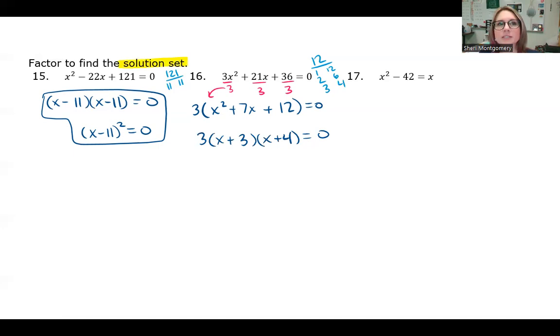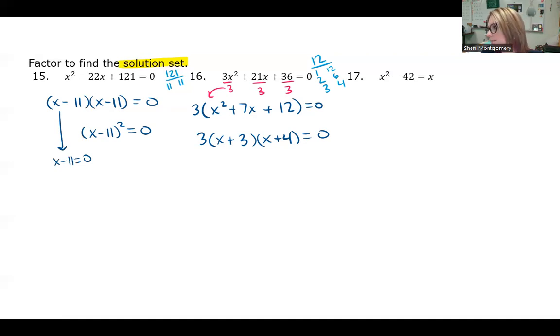Okay, I forgot that the directions say find the solution set. So remember, these are factors. These aren't solutions. These are factors. To get a solution, remember you just set them equal to 0. So for question 15, if I set x minus 11 equal to 0, what is it going to be? x minus 11 is equal to 0.